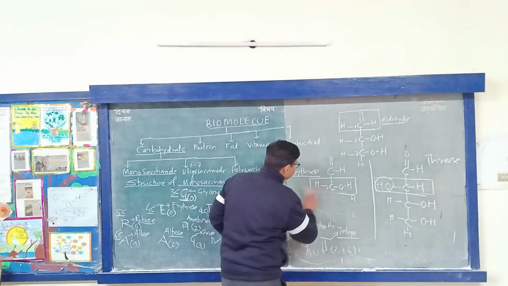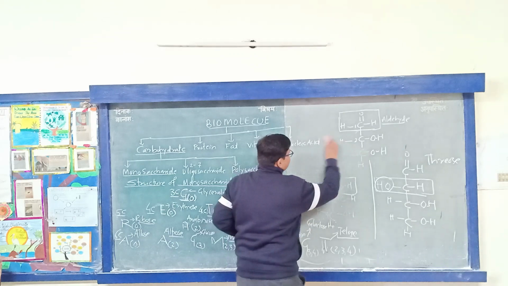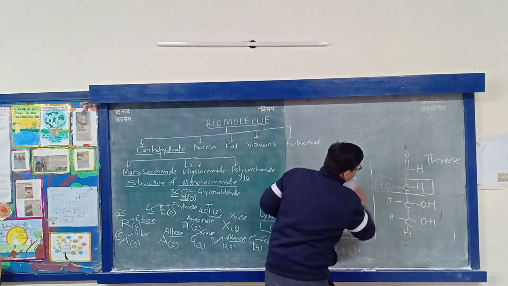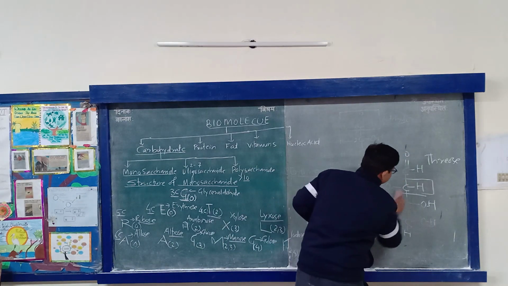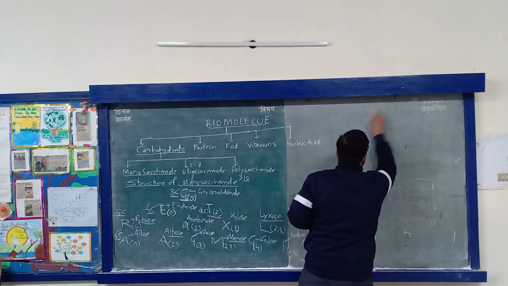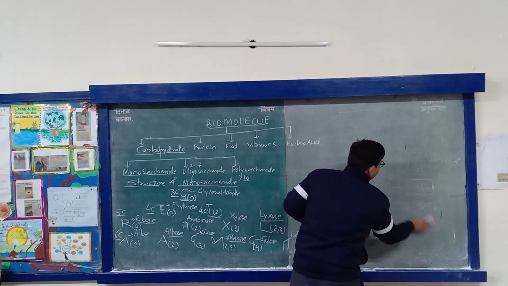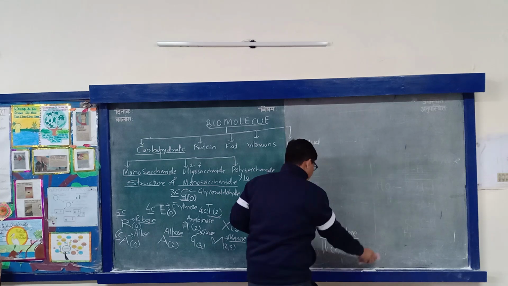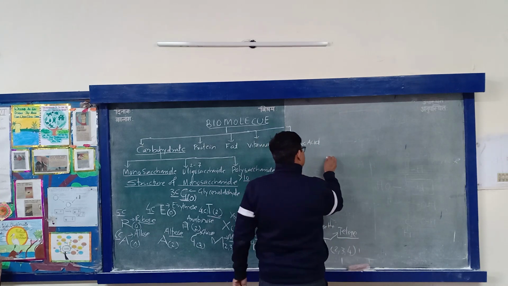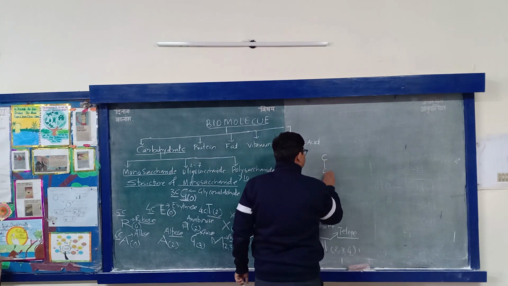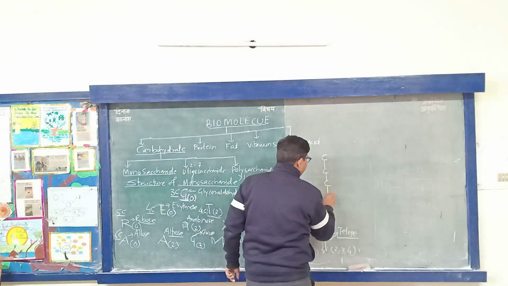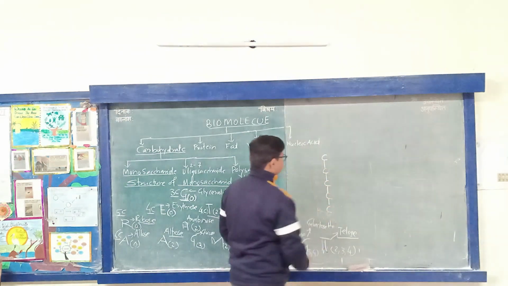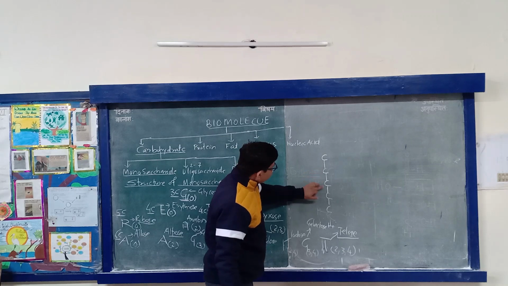Next, I am going to proceed to the chemical structure of 5 carbon containing monosaccharides. Let's start the drawing. Simply you have to draw a chain of 5 carbon like that, 1, 2, 3, 4, 5.